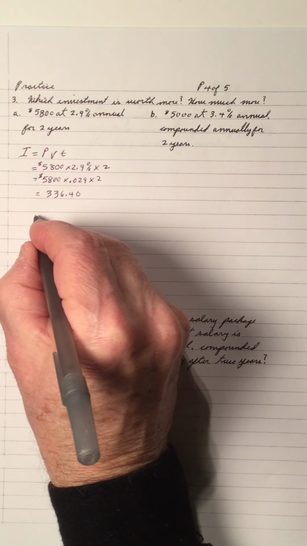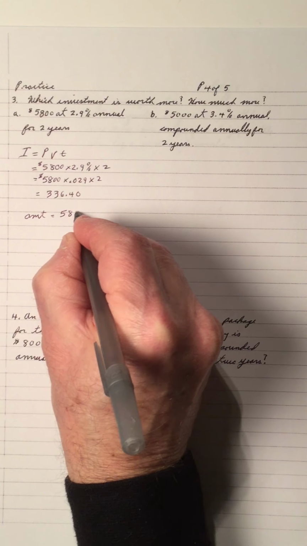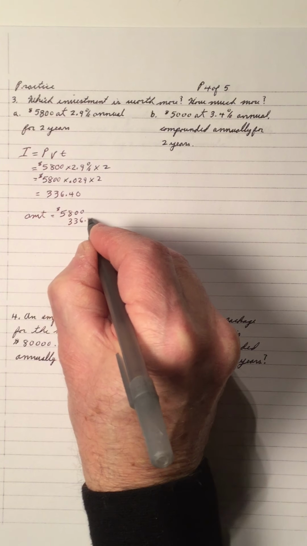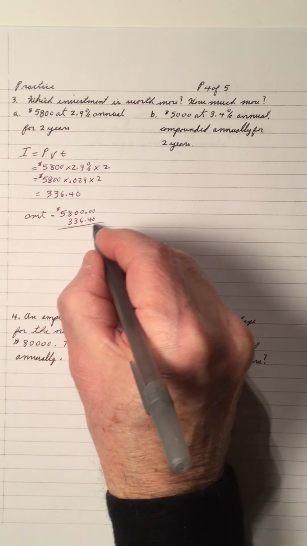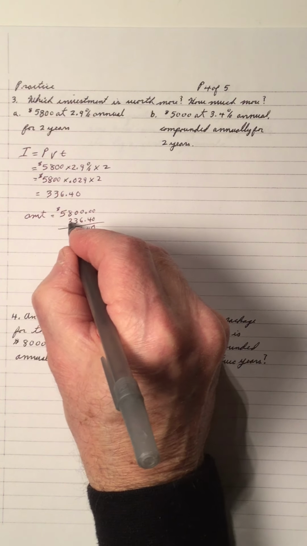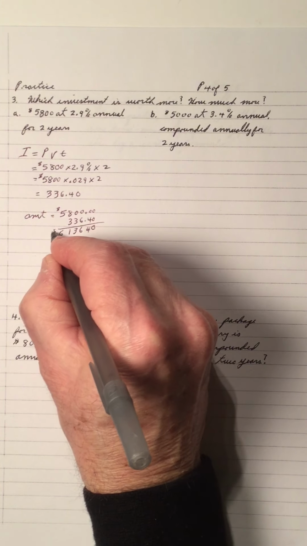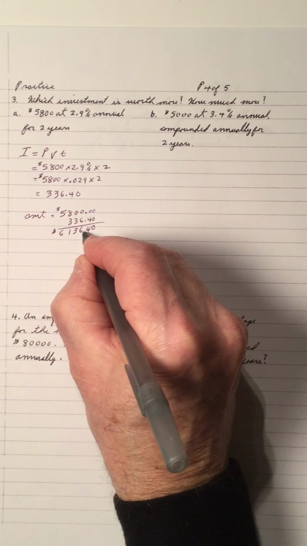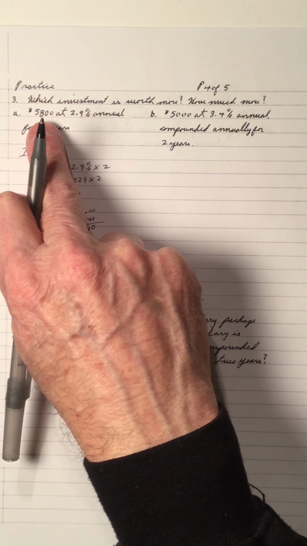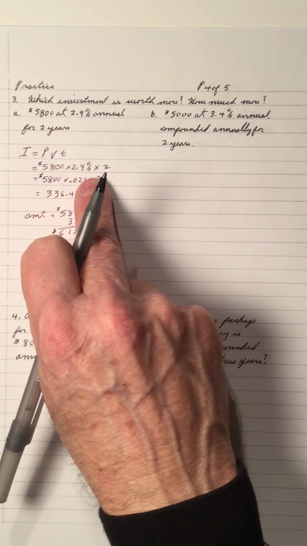If that was the interest made, then the amount of money that's in the bank is 5,800 add on 336.40. So when you add that up, 0, 4, 6, 3, 1, 8 and 3 is 11, carry 1, so I got $6,136 and bring down your decimal, 40 cents. So that's 5,800 at 2.9% for 2 years, but it's simple interest.